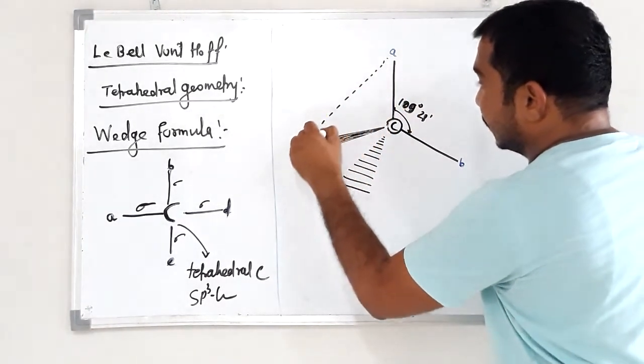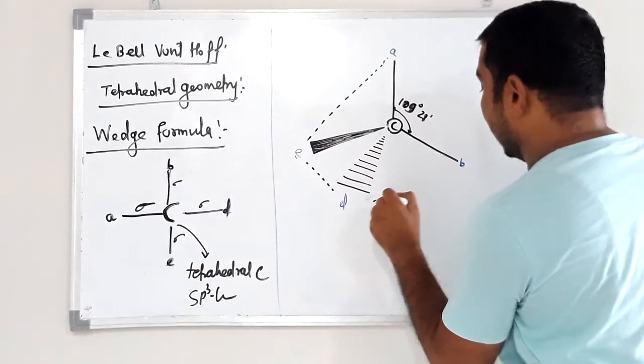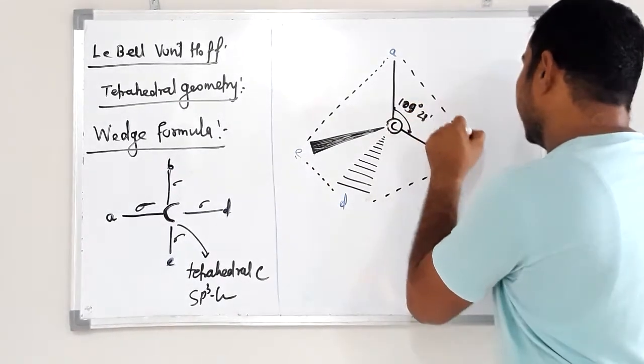This representation is known as the Wedge formula, or Wedge representation.